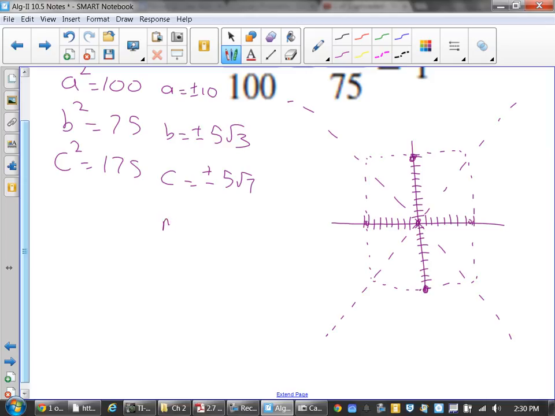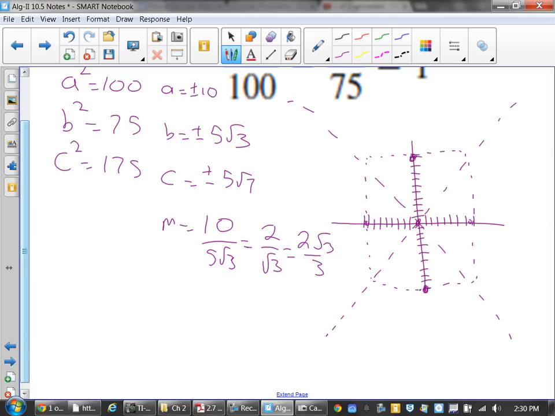So your slope is 10 over 5 root 3, which is 2 over root 3. Multiply top and bottom by root 3 to get 2 root 3 over 3. This is one of the more obscene slopes you'd have to calculate, but it's still writing the equation out.